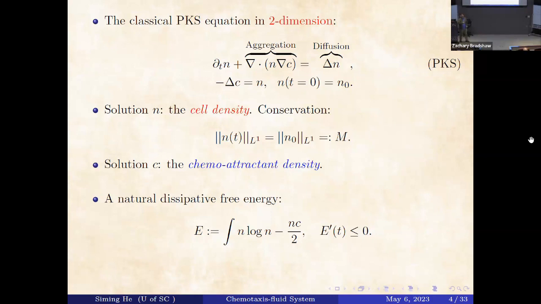Physicists like dissipative energies, and here we have a decaying quantity. Once you have a decaying quantity, you have more understanding of the system. So when we are trying to cook up a new system, we should somehow respect these rules. Those are the basic quantities in this equation.